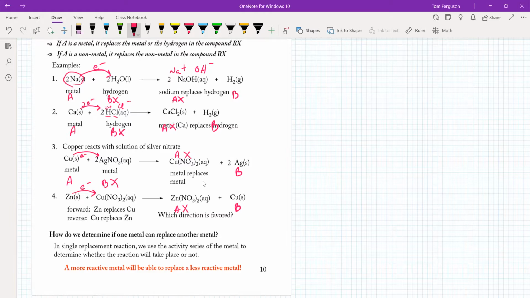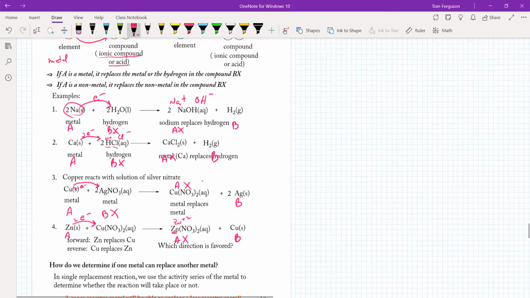Okay, so here we have zinc losing electrons over to the copper. And this would be the A, and this is the Bx. Okay. So zinc loses electrons, it becomes the cation over here, +2. The copper goes from a +2 here to a copper 0.